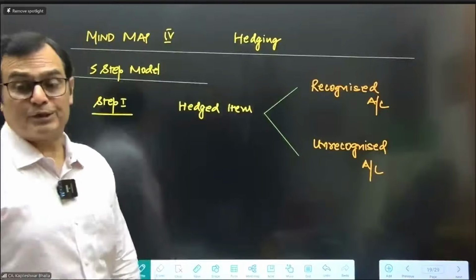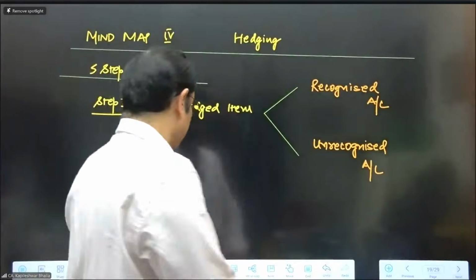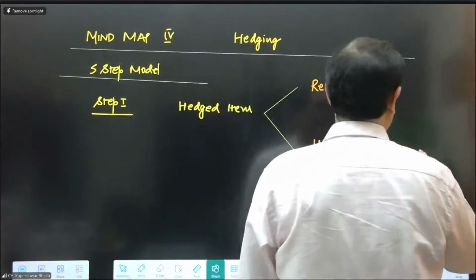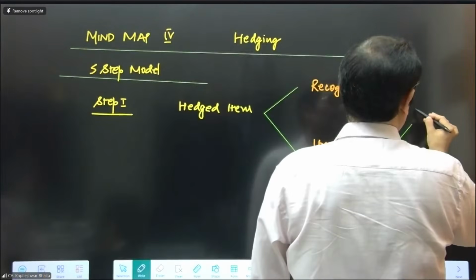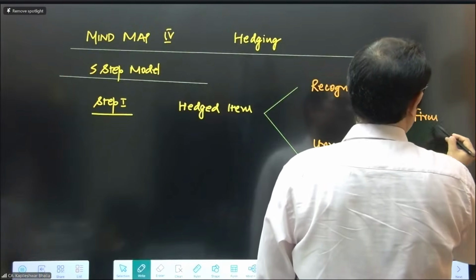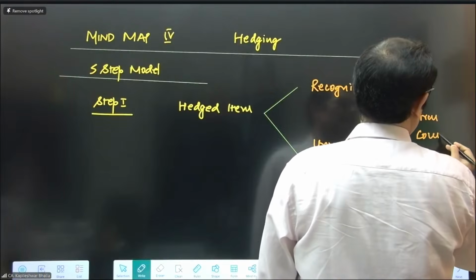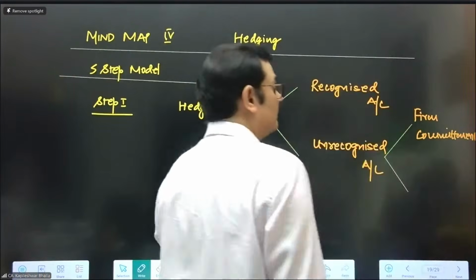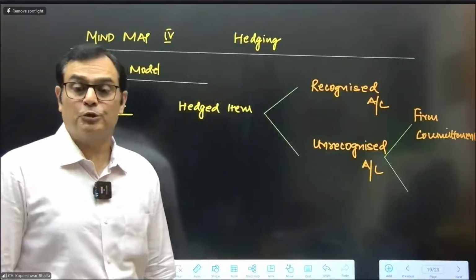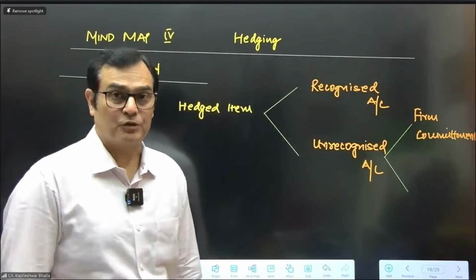Now, when you say that it is an unrecognized asset and liability, they are again of 2 categories. The first one is what we call a firm commitment, where the company has already entered into a binding contract.